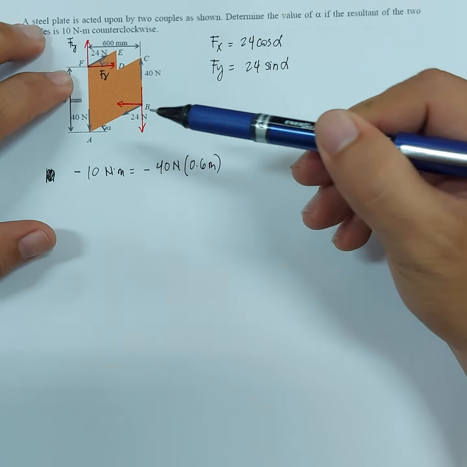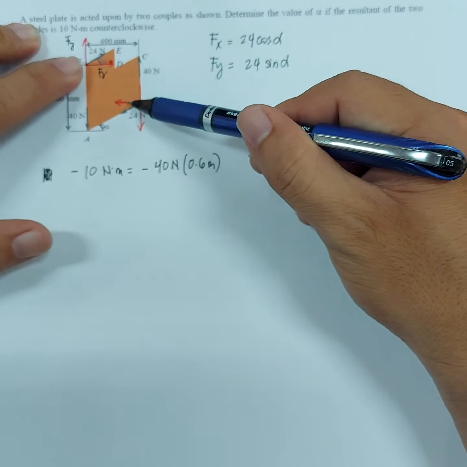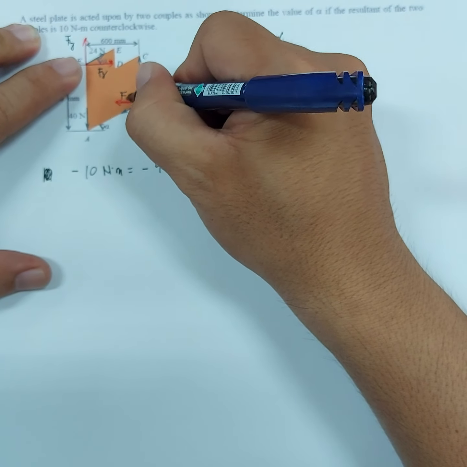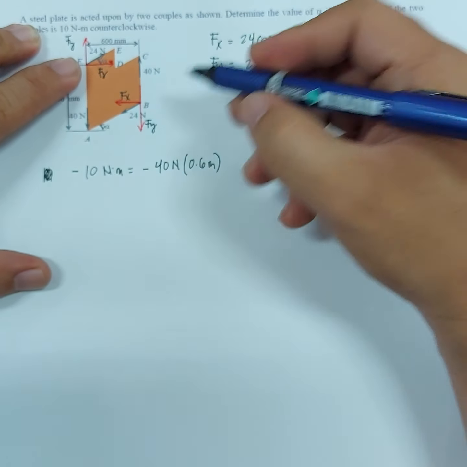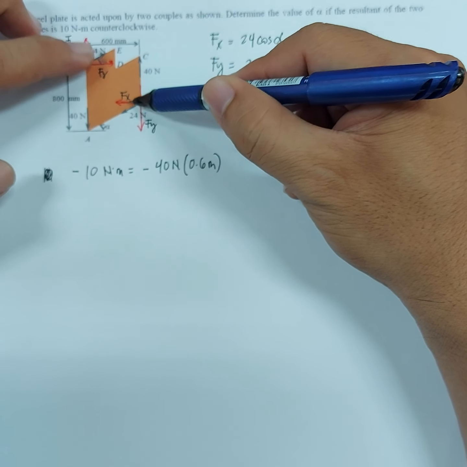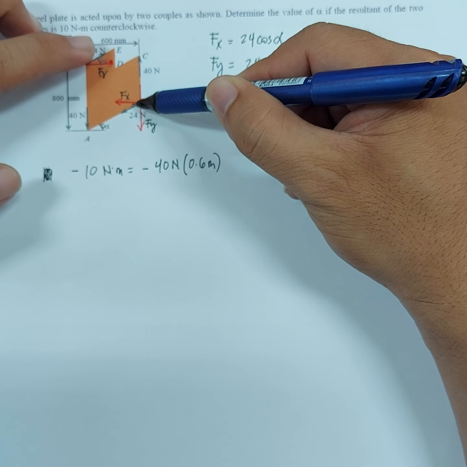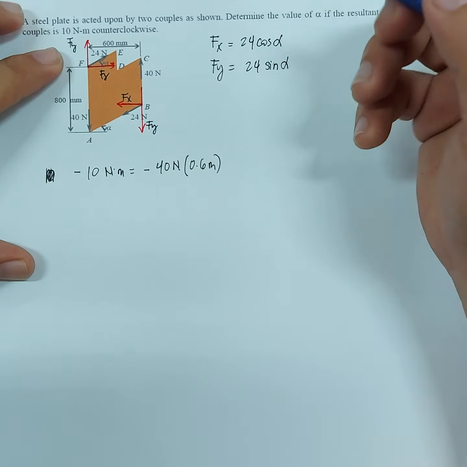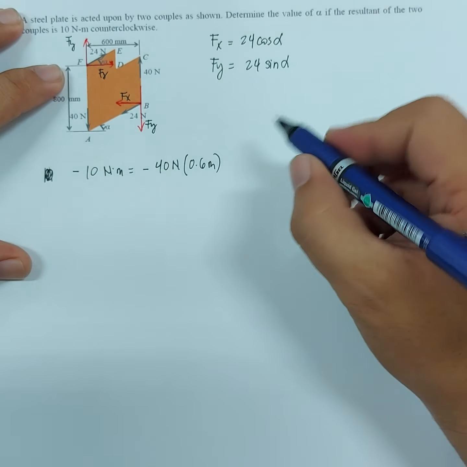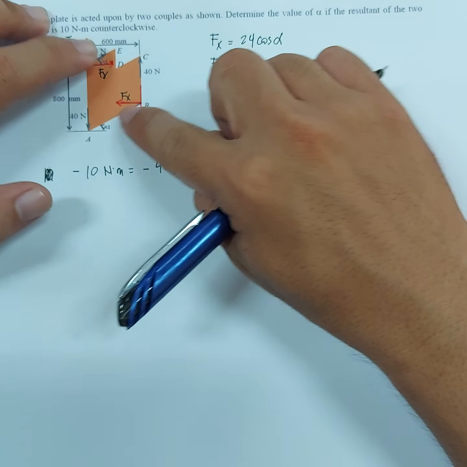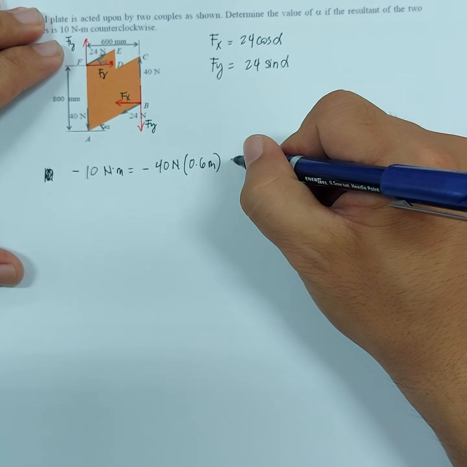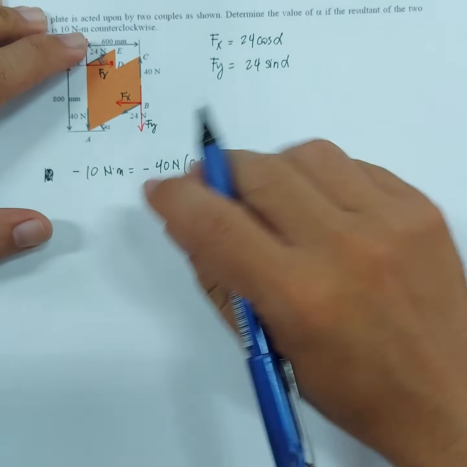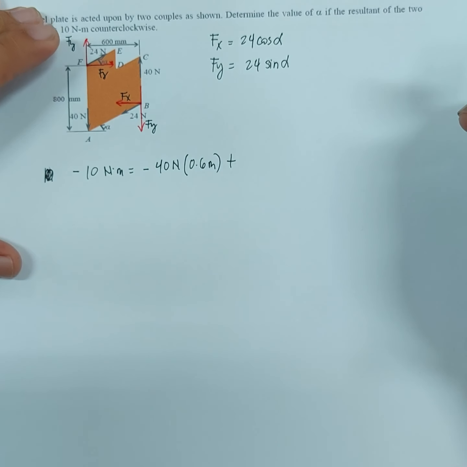Then, yung moment naman ng Fx. So, it is Fx yan. Fy ito. So, Fx natin. This is Fx. Okay. So, Fx, or that is 24, Fx produces a clockwise moment. Okay, yung Fx couple natin produces a clockwise moment.